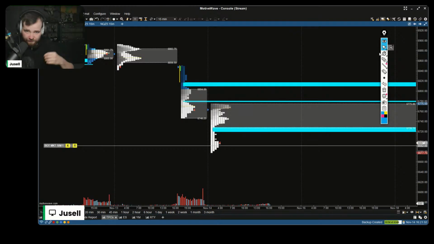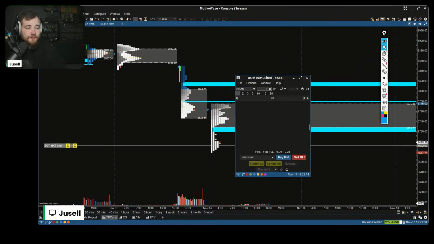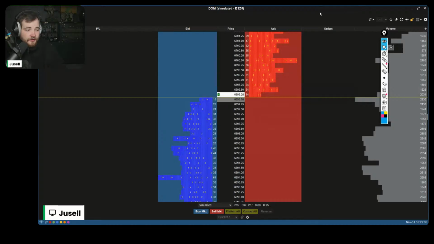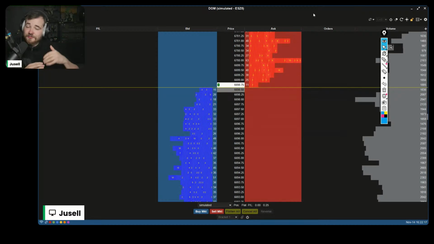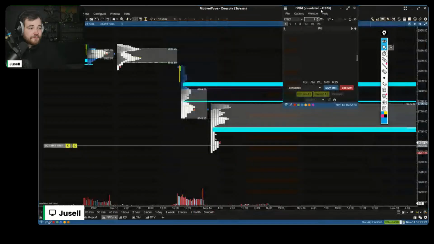So today on stream, I'm just gonna do some exercises on something called the DOM, which I have here just above my other screen. I will bring it here to show you what a DOM looks like if you don't use one. You can see all the orders on the bid and the ask, and I'm just gonna trade purely without a chart and do this type of exercise where you get better at looking at basic orders coming in, the bid and ask, and how price tends to react at these levels.